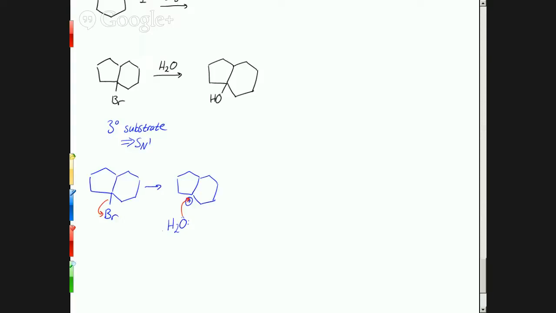The bromine just floats away on its own, so we won't even draw it here. So the product from that is this. That water is attached. Oxygen with 3 bonds is always going to have a positive formal charge, so we need something to get rid of that last hydrogen. The thing that's going to do that is more water hanging around in solution. It takes off that hydrogen, and then we're left with that product.